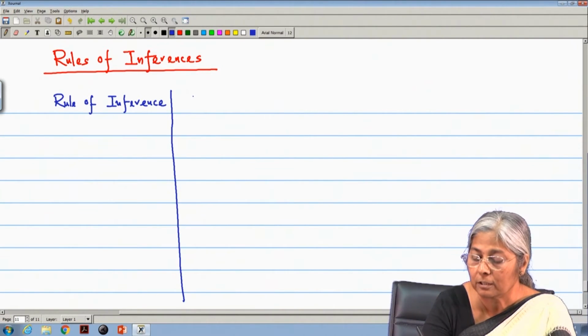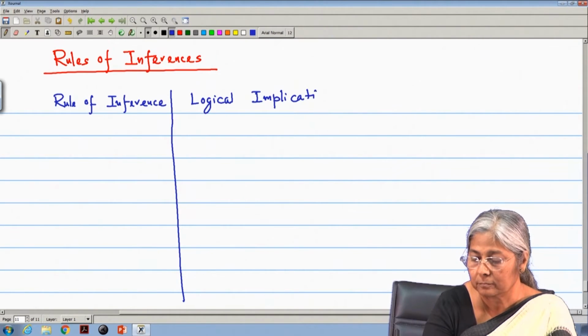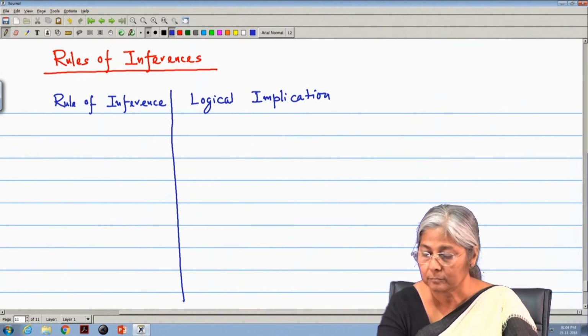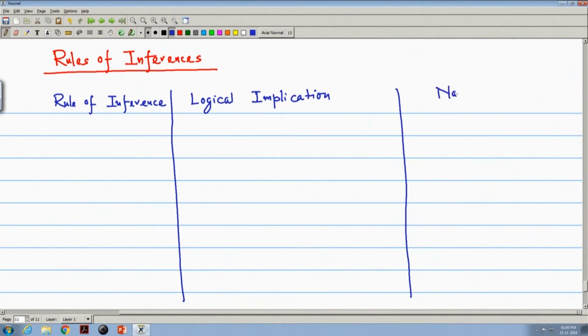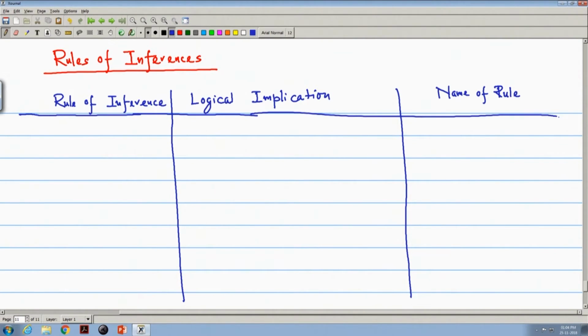The related logical implication that we write here. And the name of the rule, like the last two examples we have seen, the modus tollens or modus ponens we have given. So, we give some numbering.